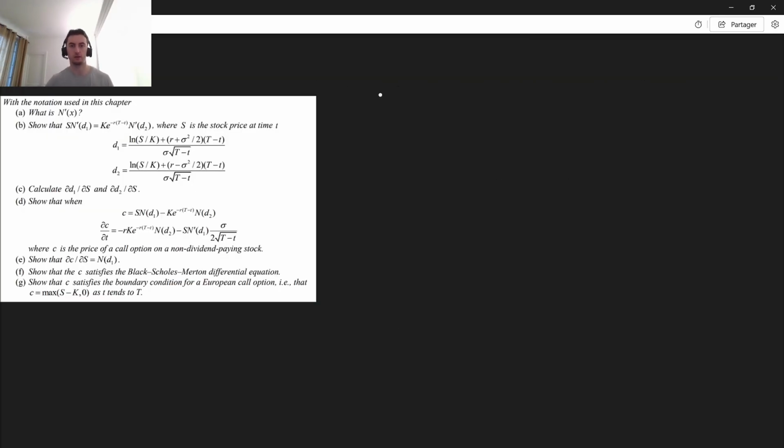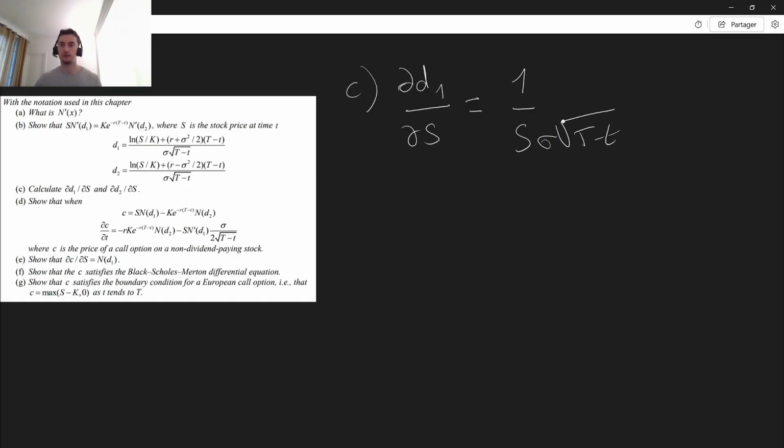Okay, third question. The derivative of d1 with respect to s is quite straightforward because there's only one part that has an s inside of it, ln of s. So it's just 1 over s times sigma square root of T minus t.